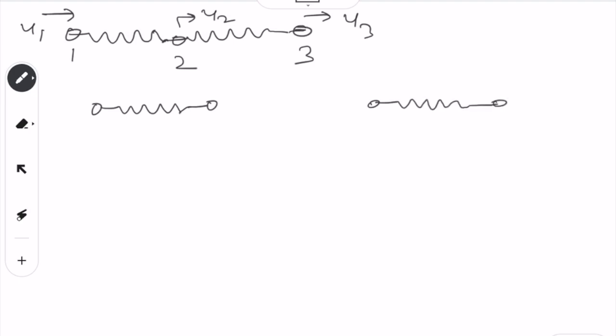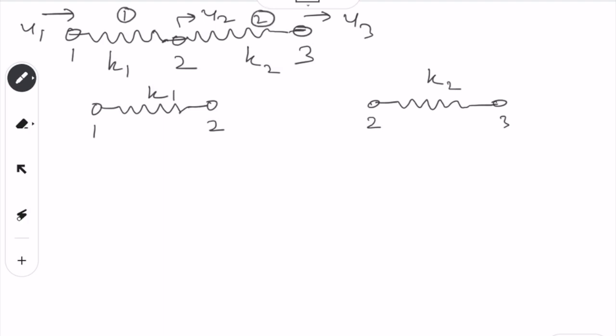So let us say this is K1, this is K2. So K1 is the spring constant, K2 for this one. Node number 1 and 2 for the first, and for the second one it is 2 and 3. Let us call it element number 1, this is element number 2.